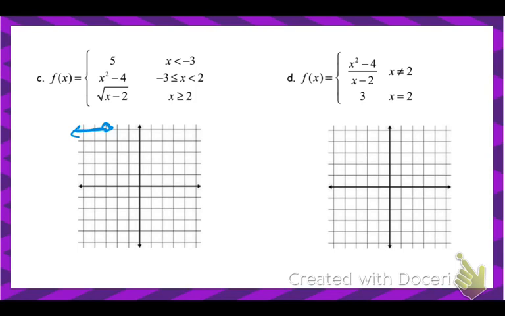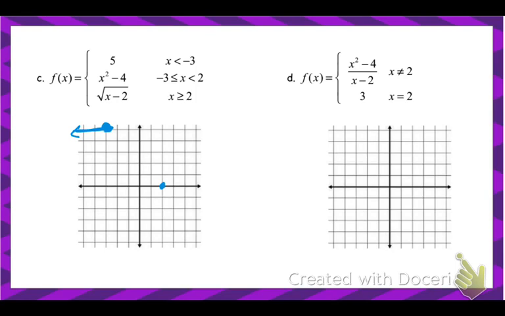Then in between negative 3 and 2, I have the parabola x squared minus 4. So again, I could plug in negative 3, all right? Then I would get 5, which you'll notice is already a point on my graph. So that open circle is now getting filled in with that closed circle. If I plug in 2, 2 squared minus 4, 4 minus 4 is 0, so 2, 0 is on that graph.